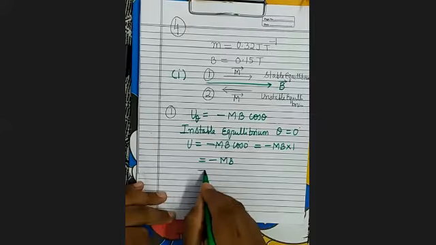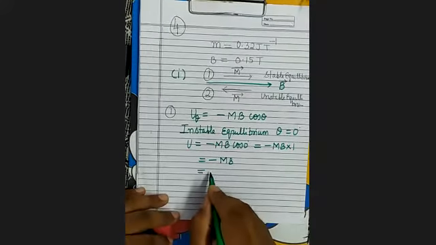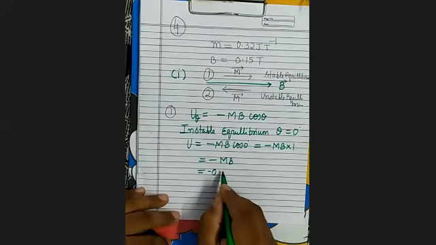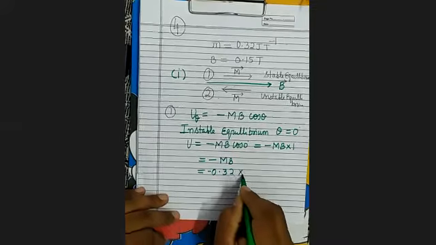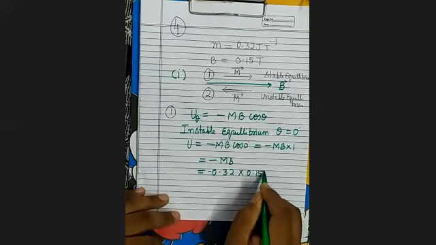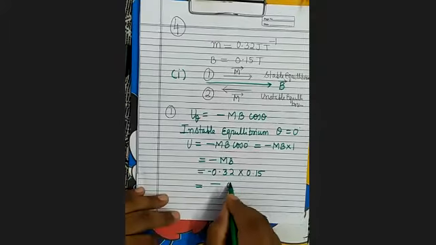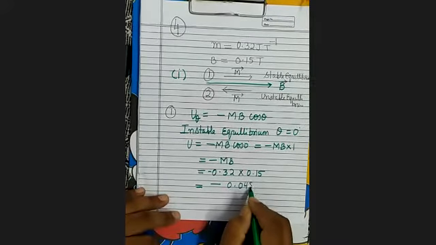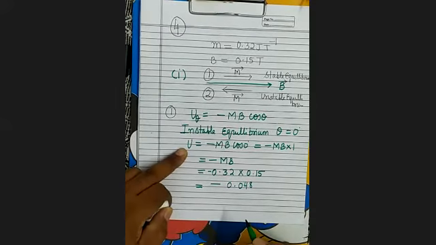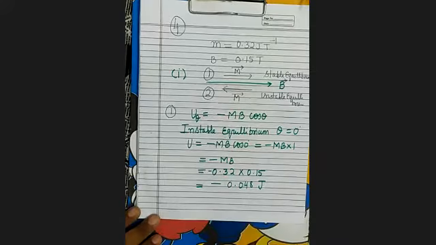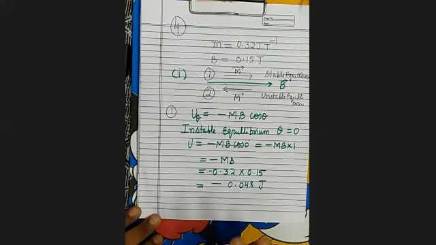Now substitute the values. What is m here? 0.32, and B is 0.15. When you calculate, it comes out as minus 0.048, and since it is potential energy, the unit is joule. Have you understood?